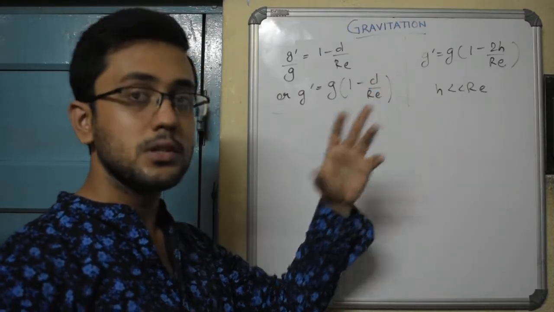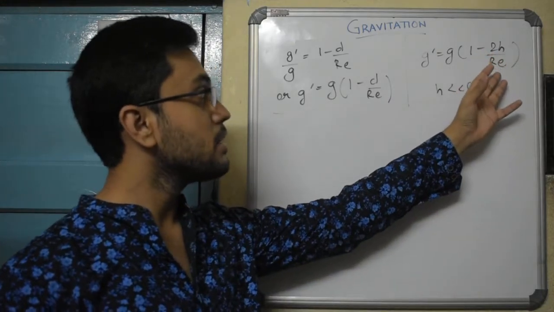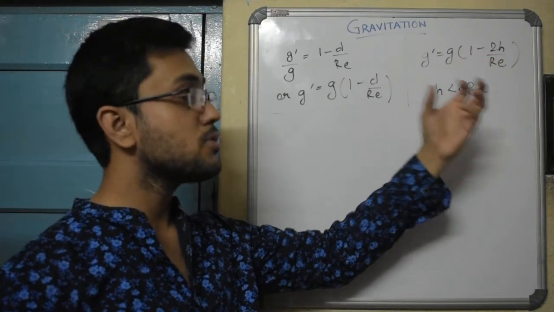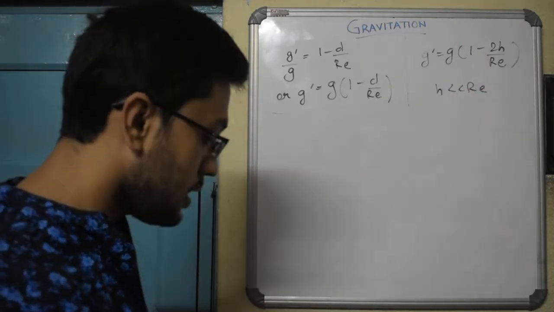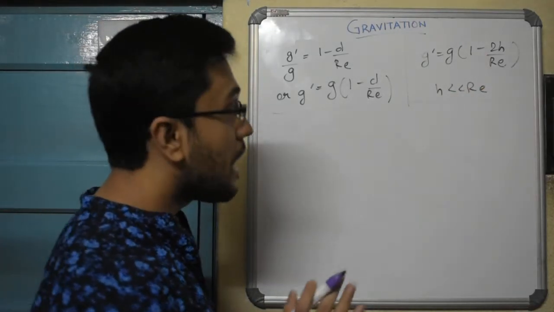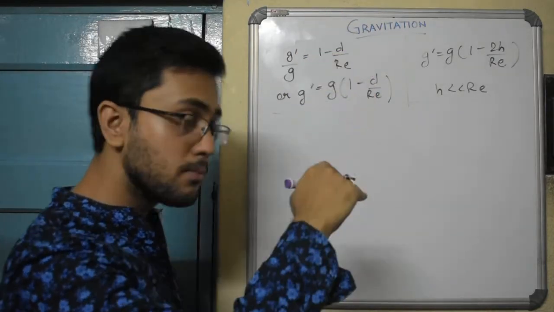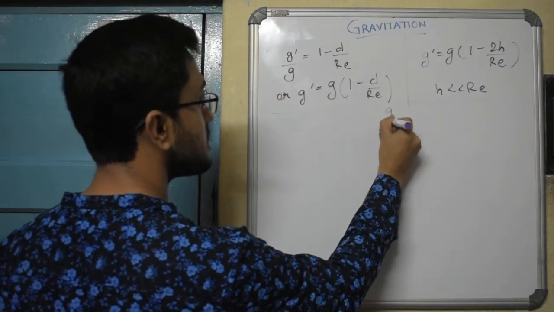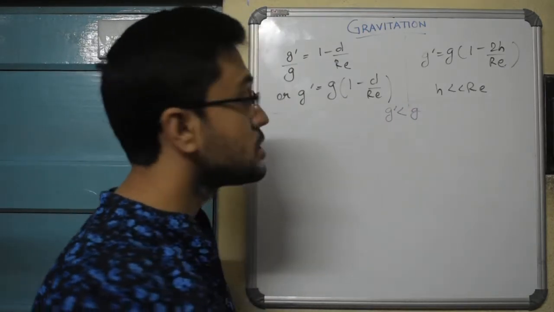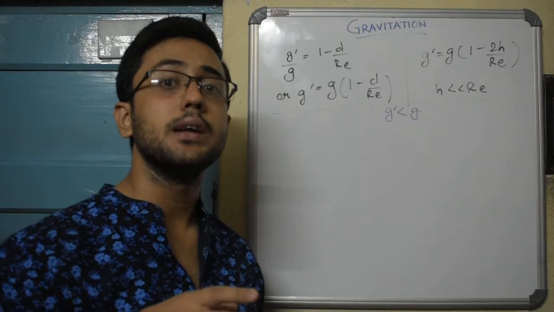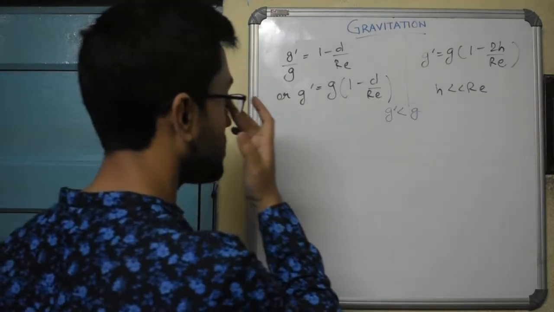Depth and radius of Earth are positive values, height and radius of Earth are also positive values, and when you subtract a positive quantity from 1, you get something smaller than 1. So in both cases, whether you are moving above the surface of Earth or coming below the surface of Earth, g dash is less than g. That is, the value of acceleration due to gravity will be less than what it is on the surface of Earth.